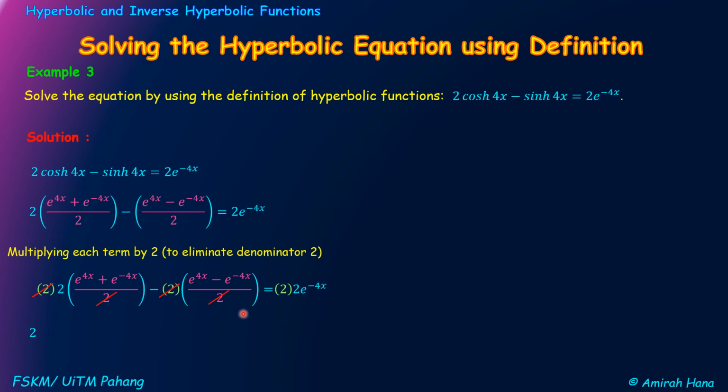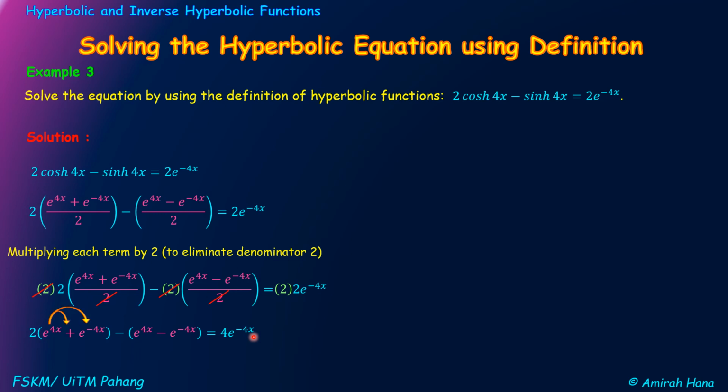After we simplify, we get 2 times (e to the power of 4x plus e to the power of negative 4x), no more over 2, and then minus (e to the power of 4x minus e to the power of negative x), must put in bracket because we have minus sign here, and no more over 2. And then equals to 2 times 2 equals to 4e to the power of negative 4x.